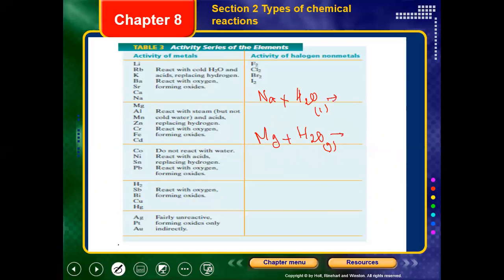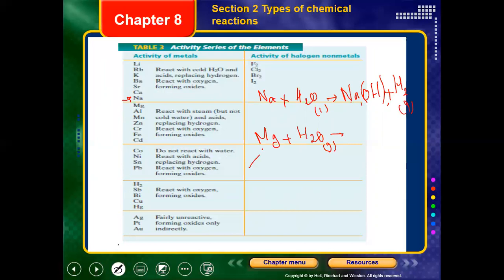Sodium is from series number 1, it can react with cold water, so there is a reaction. The product is sodium hydroxide. The hydroxide is OH with charge -1, and sodium is +1, so no need to write the 1, plus hydrogen gas.